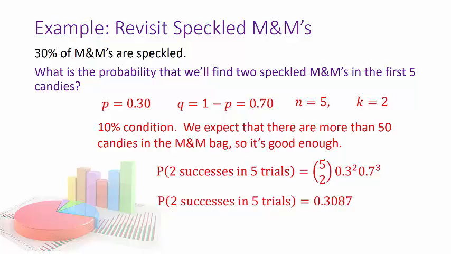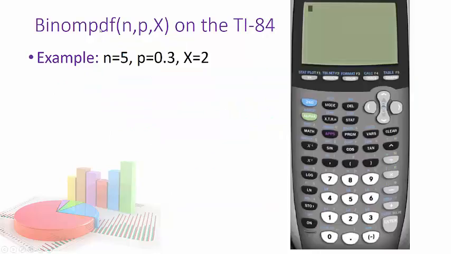But as you well know, there's a shortcut to do this in the calculator, so you don't even have to do the combination in this setup. It's called Binomial PDF, probability distribution function. And that has n first, p second, and x last. So here's the example. We're doing 5 candies. 2 are going to be speckled. Probability is 0.3.